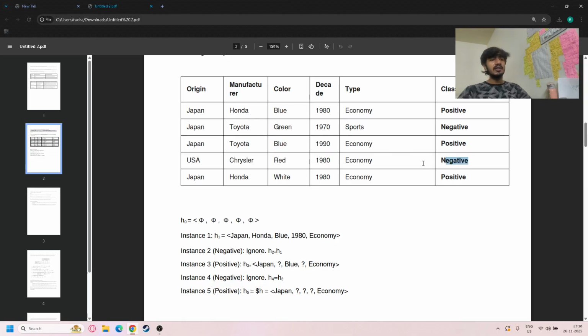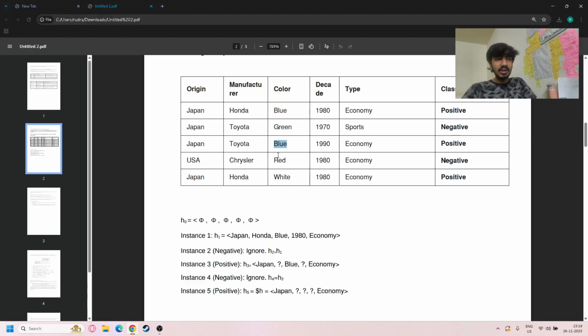Now instance 4 is again negative, so we are going to ignore it, H4 is H3, and we'll head to H5. In instance 5, Japan is equal to Japan, so nothing is changing. But here we had Toyota and Honda, which was a question mark anyway. Now again, we had blue, blue, blue, but now it's white.